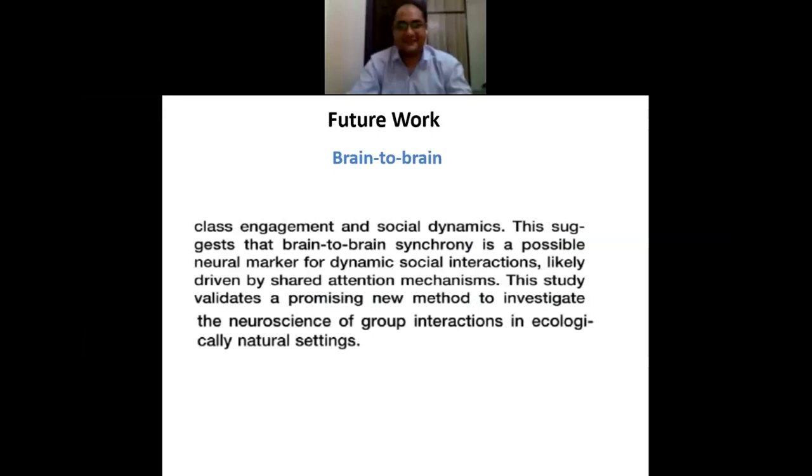Previously, for example, we used features from the EEG, looking at the coefficients taken from the decomposition as a pattern. That means it could be good enough to differentiate. So here they are looking at the connection between the brains of students, and the output is that it is possible to be used as a neural marker for dynamic social interactions.